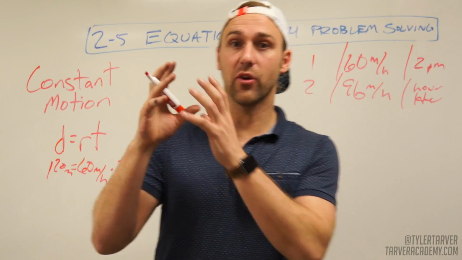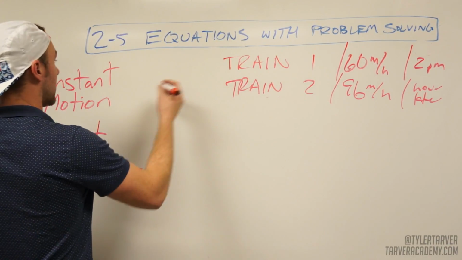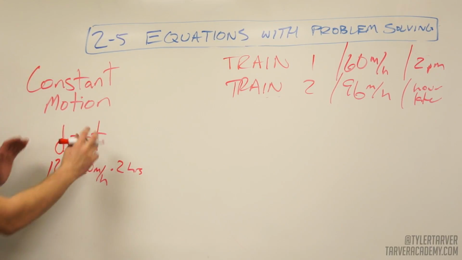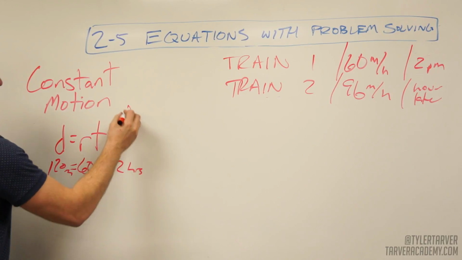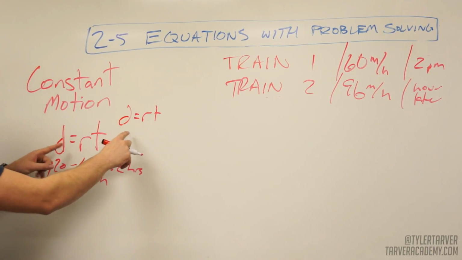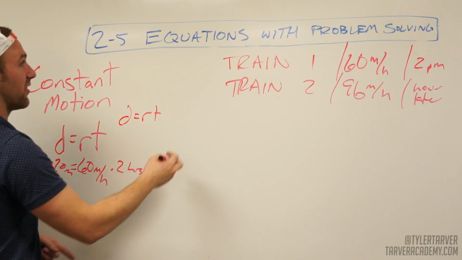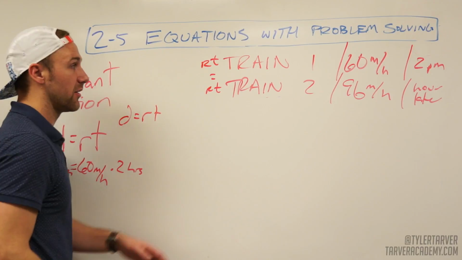I just need to know that their rate times their time is going to be equal, because the distances are equal when they meet. So I can set these two equal to each other.